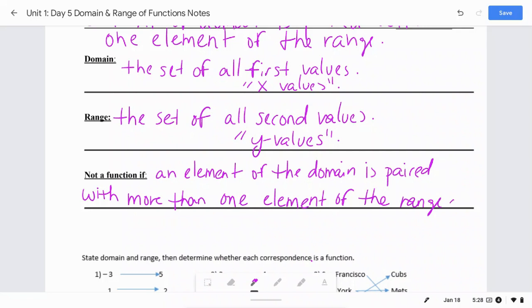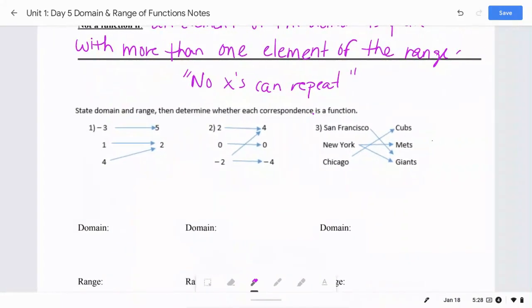Or that's just a fancy way of saying that no x values can repeat. If any of the x values repeat, then it would not be considered a function.